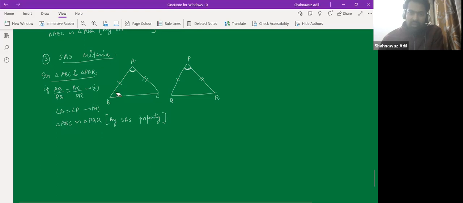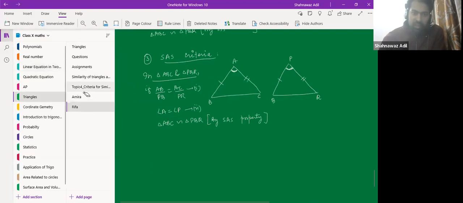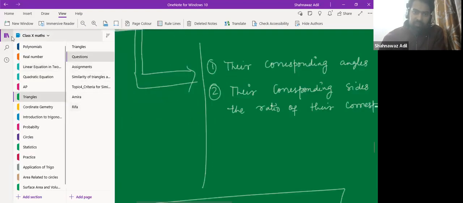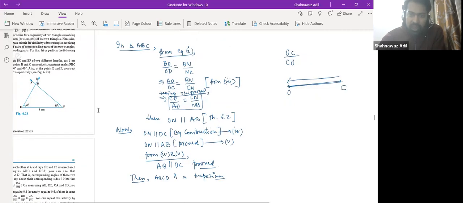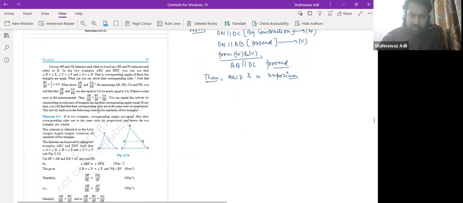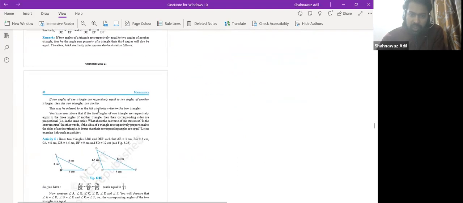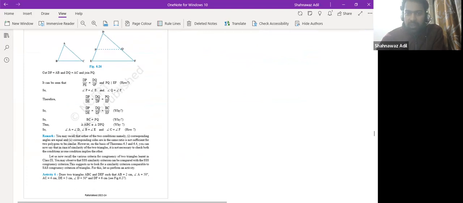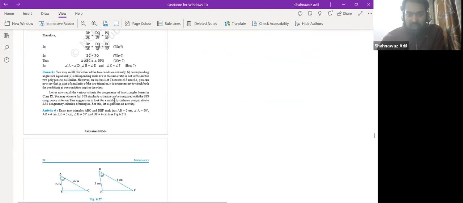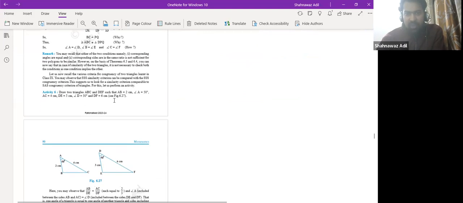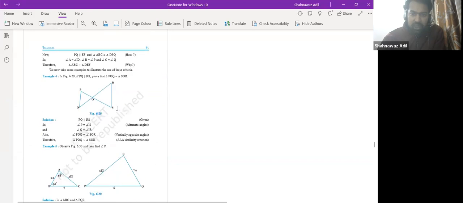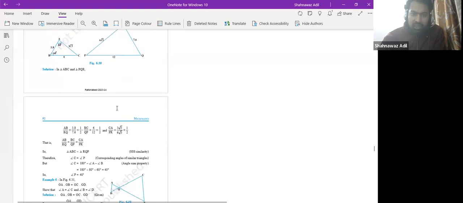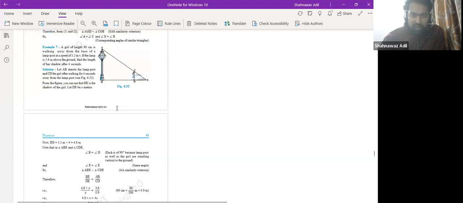Yes, finished. Okay, so now let us try questions. Remember, in these exercises, we have to figure out the triangles in which we are going to use all those criteria. So first, we have to find those two triangles, and then we can use the criteria.